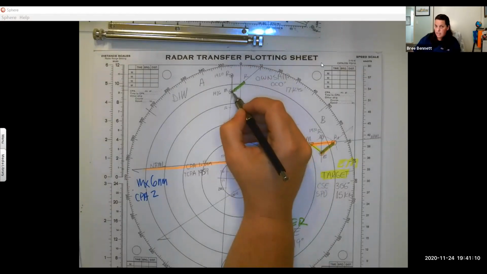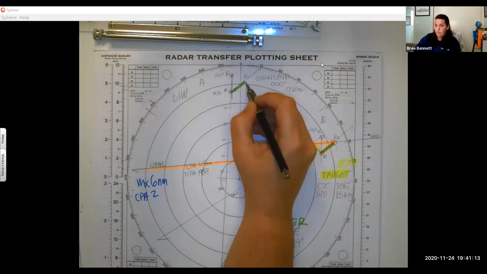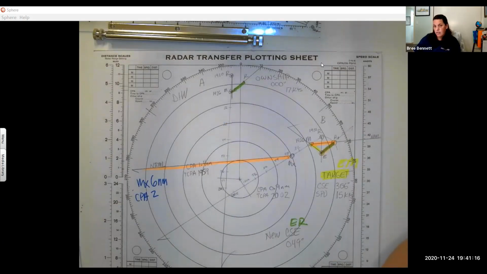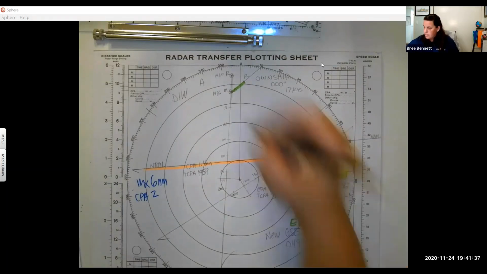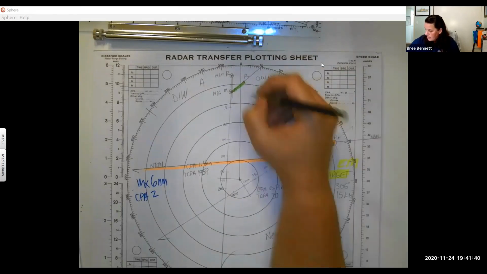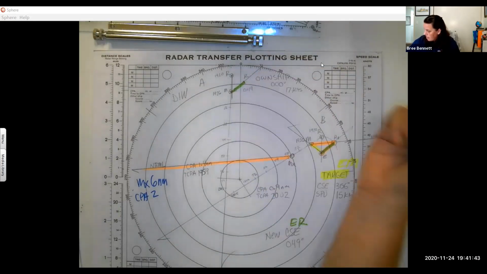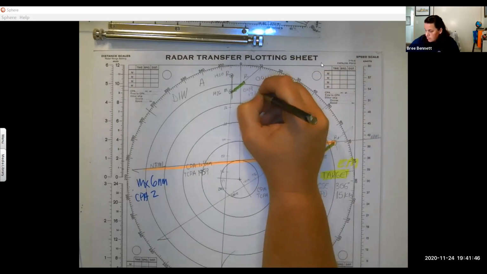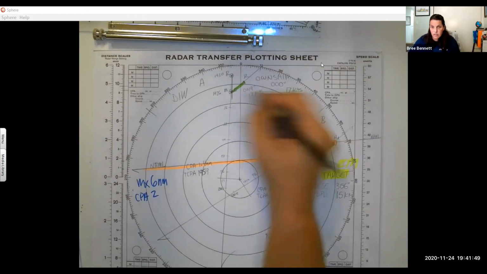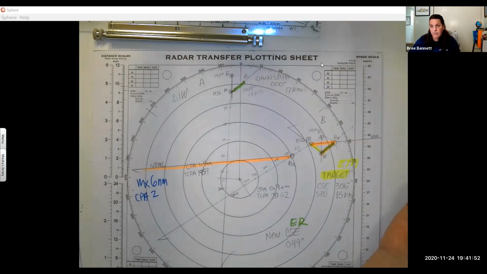So this was my E, and then I created my new R. This course I had was 049 at 17 knots. Those are the values I've just put in there for that green line.